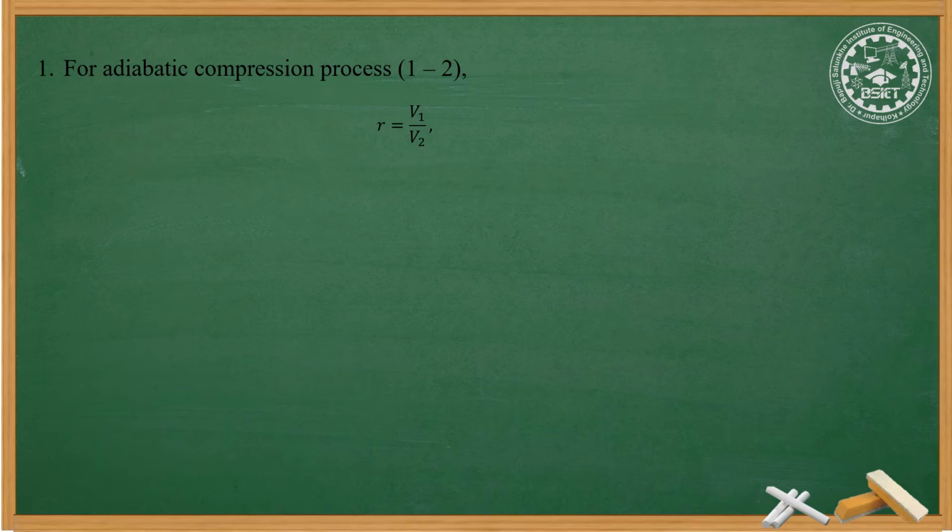Therefore, for the adiabatic compression process 1 to 2, T2 is equal to T1 into (V1 upon V2) raised to gamma minus 1. That can also be written as T2 is equal to T1 into r raised to gamma minus 1. This r stands for the compression ratio.